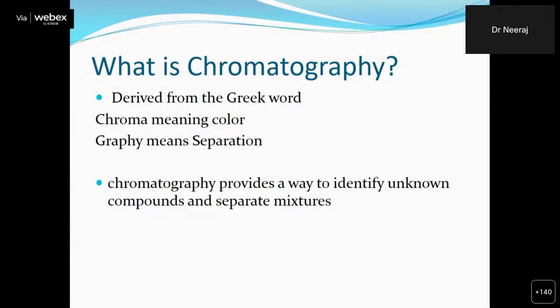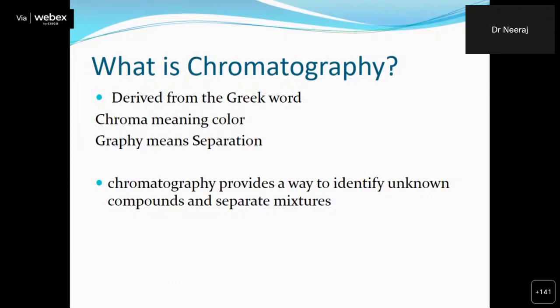But that is the old definition. Nowadays we can also extract or separate out colorless compounds. So this is the definition as per the name chromatography.